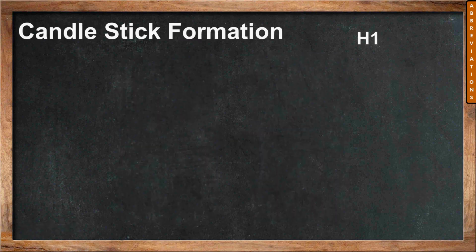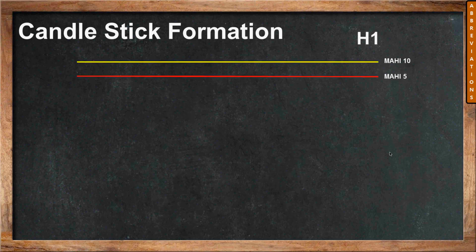Here, let's say that we are looking at an H1 time frame. Each candle is being formed within 1 hour. In BBMA there are two sets of indicators, which is moving average high, MAHI 5 and MAHI 10.